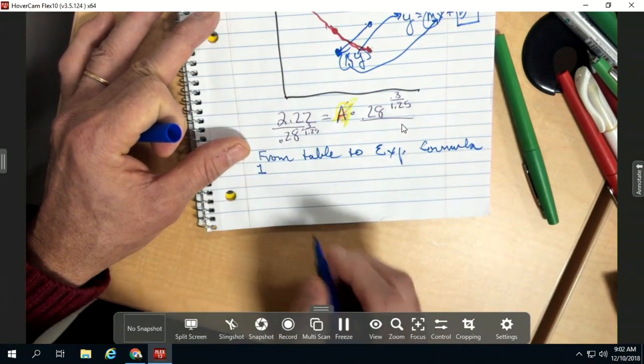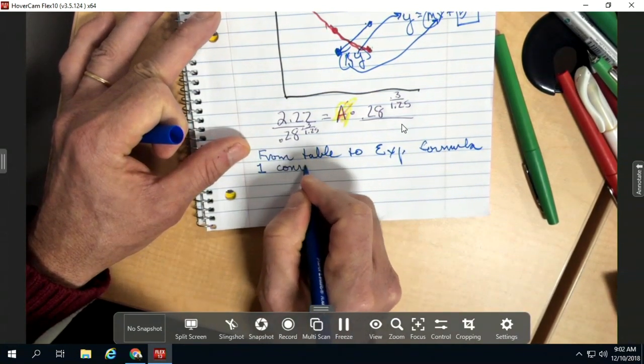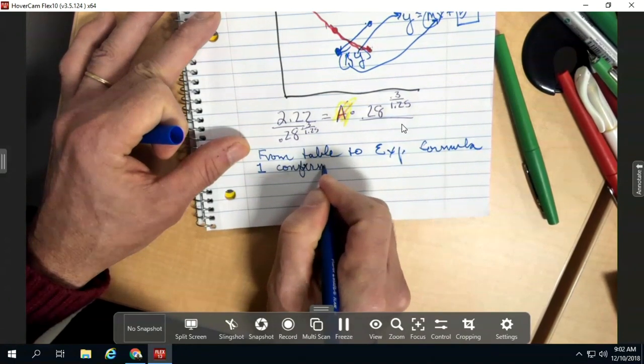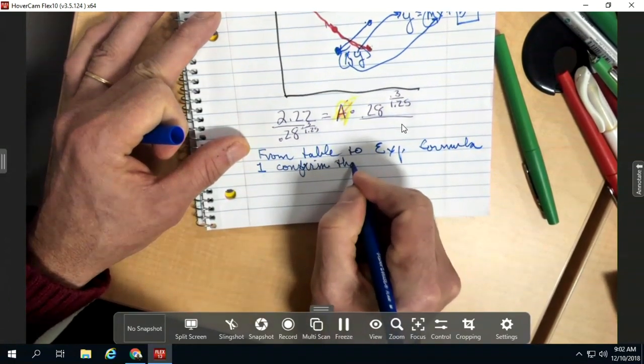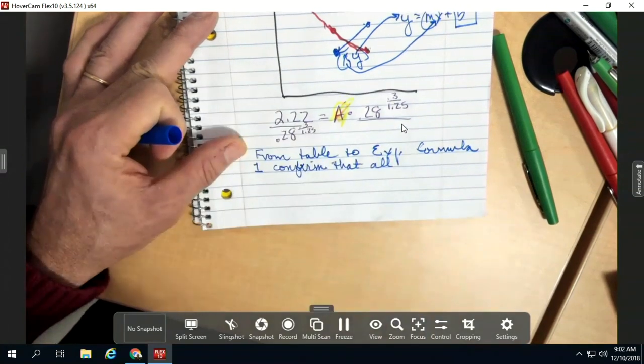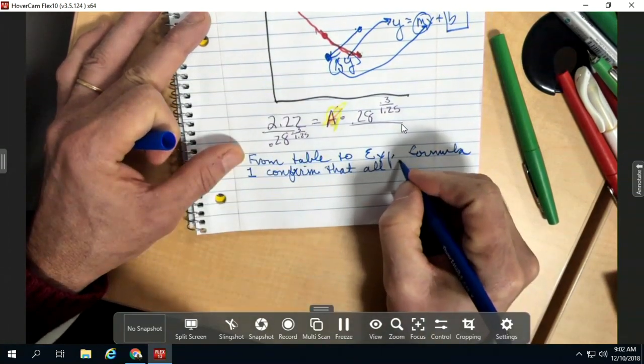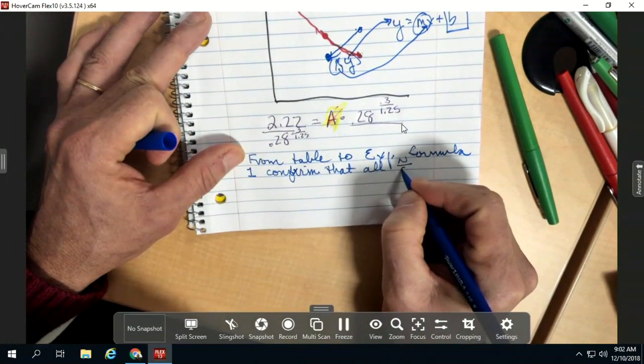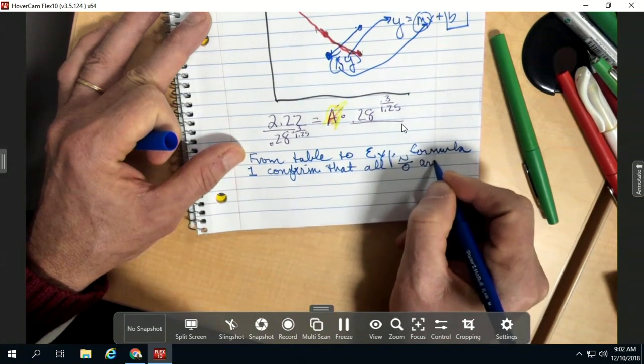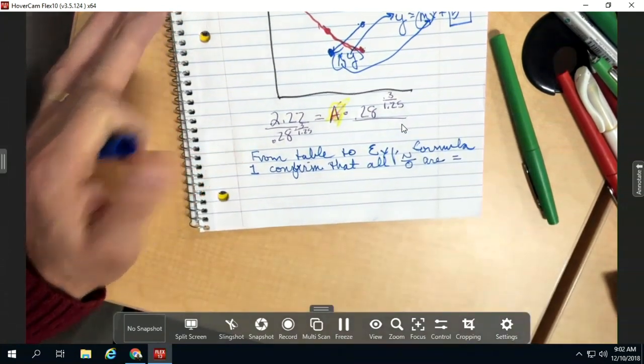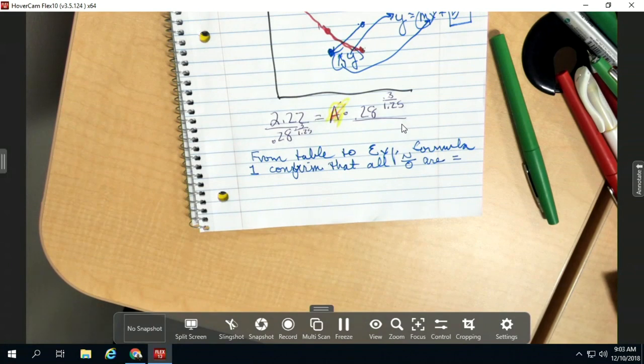Step 1, confirm that all new divided by old are equal. If you recall, when we were doing this problem, our new divided by old was 0.28.